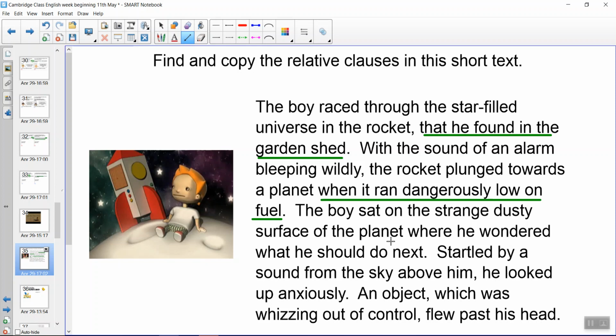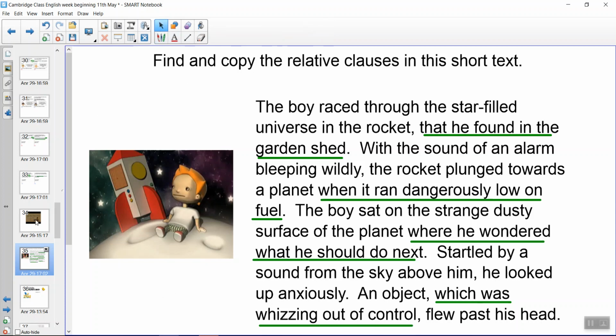The boy sat on the strange, dusty surface of the planet, where he wondered what he should do next. Startled by a sound from the sky above him, he looked up anxiously. An object, which was whizzing out of control, flew past his head. Okay, so today we've practiced finding and recognising relative clauses.